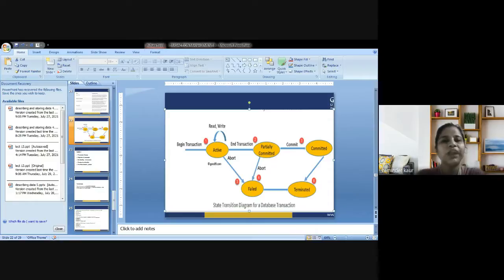If this check is a success, then the transaction commits and enters the committed state. If this check fails, then the transaction goes to the failed state. If the transaction is aborted while it is in the active state, then it also goes to the failed state. The transaction should then be rolled back to undo the effect of its write operations on the database. Next is the terminated state, which refers to the transaction leaving the system.